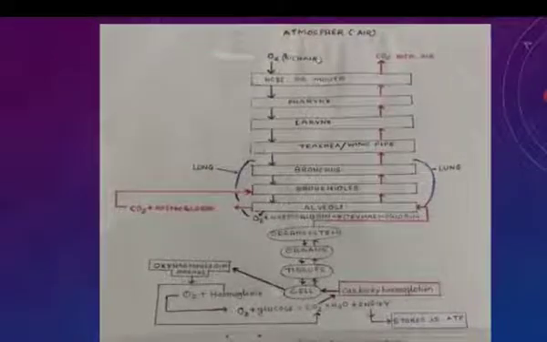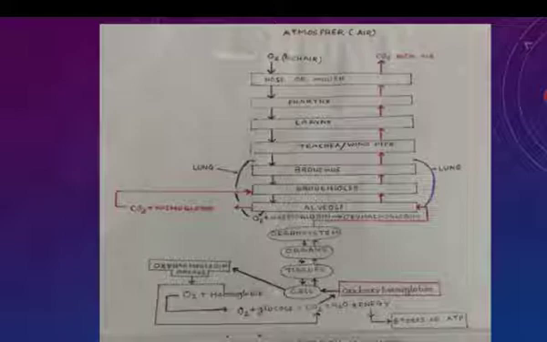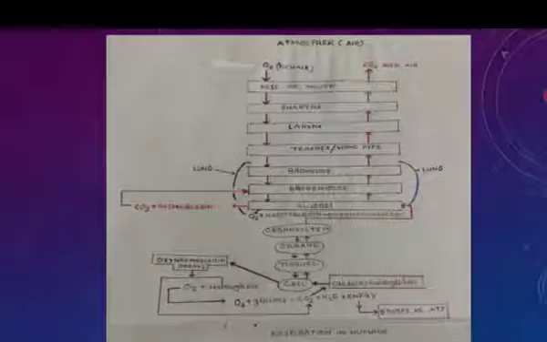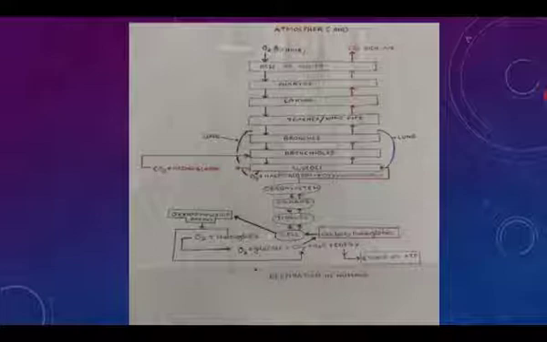Now in alveoli, this carbon dioxide comes in gaseous state, and from the alveoli it comes into the bronchioles, from the bronchioles to the bronchus, and from bronchus into the trachea or windpipe, trachea to the larynx, larynx to pharynx, and pharynx to nose or mouth, and this carbon dioxide rich air comes out from the body, that is called exhalation.